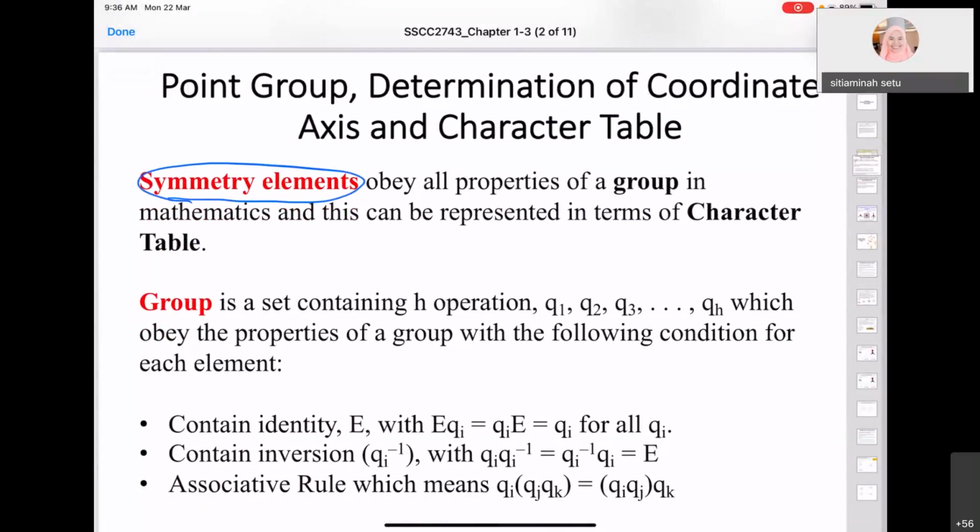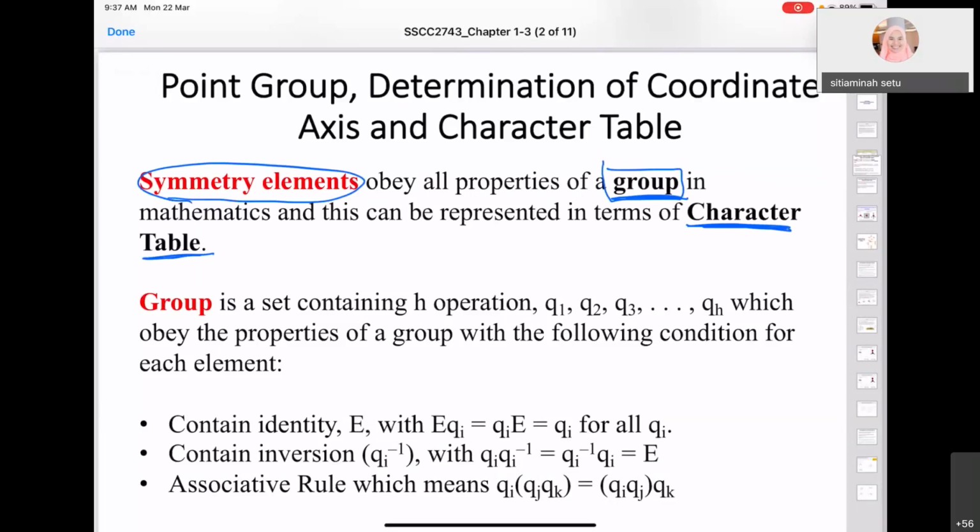Because we want to determine the group of the molecule. Bila kita dah tahu dia punya group, kita akan boleh describe the properties of the molecule using the character table. Sebab tu kita kena tahu dia punya symmetry elements.